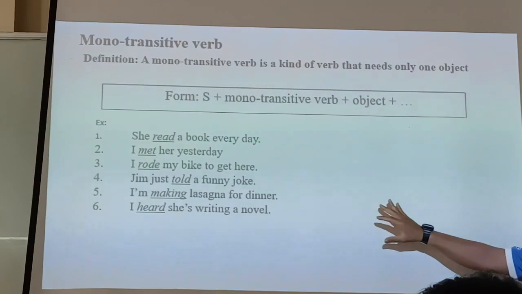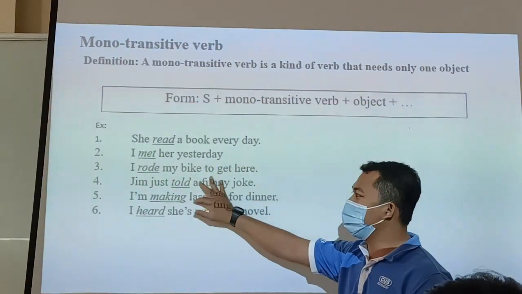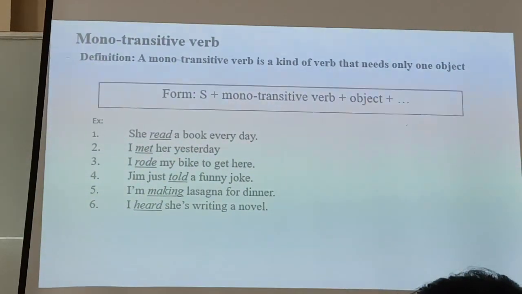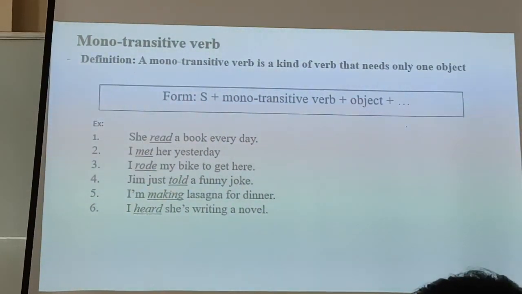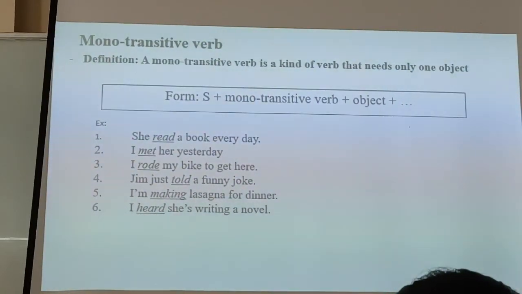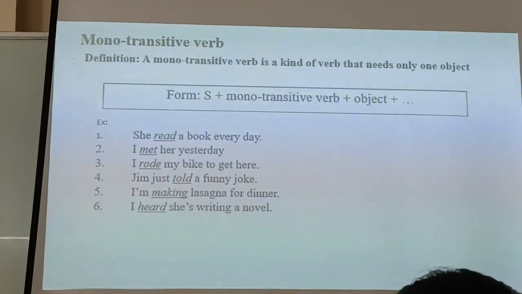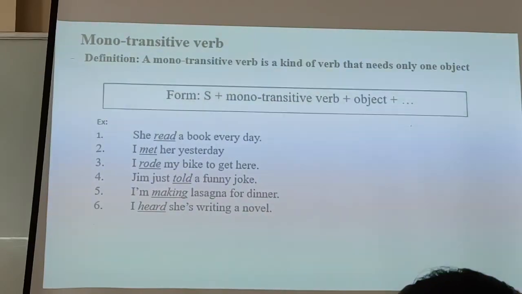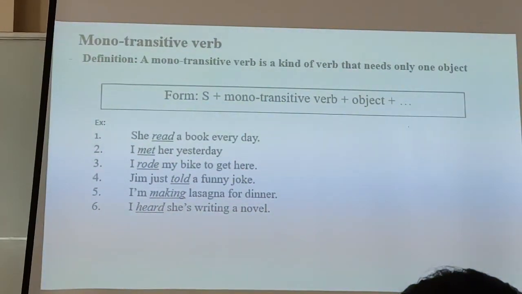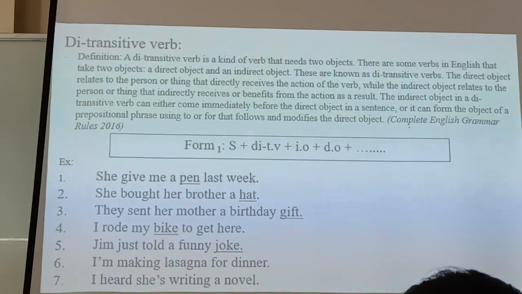And you can see the example in the picture on the slide. Only the underlined word is the transitive verb. You can't say just I read, we need an object. I read a book every day, yeah, that is a monotransitive verb.